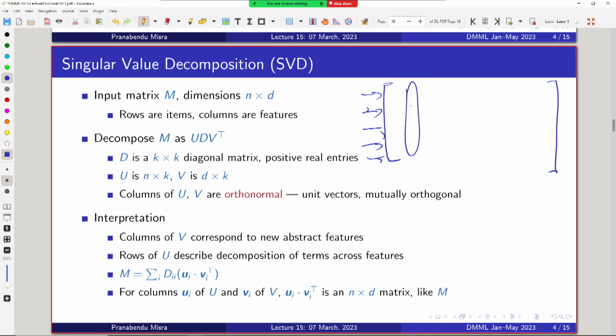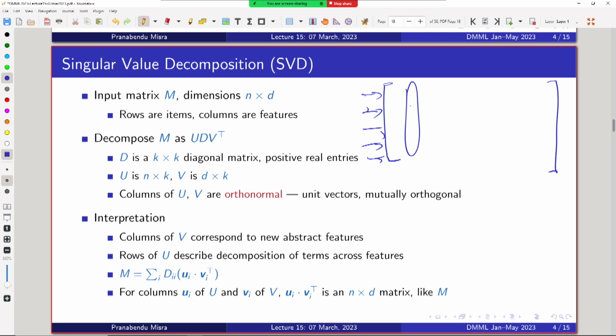So we interpret this matrix U and V, essentially the matrix V, as in some sense a bunch of new abstract features. If you expand out this product, another way to write this is that this matrix M can be written as a linear combination of a bunch of rank 1 matrices.